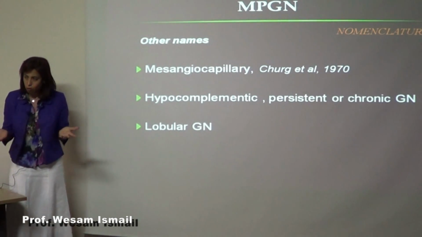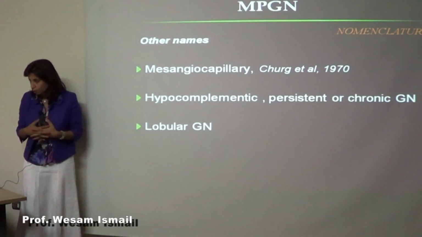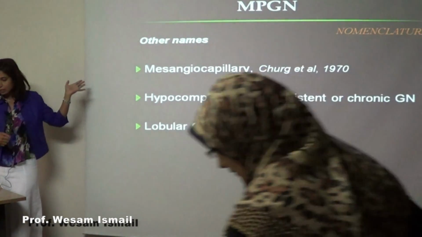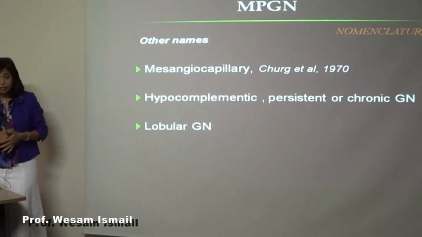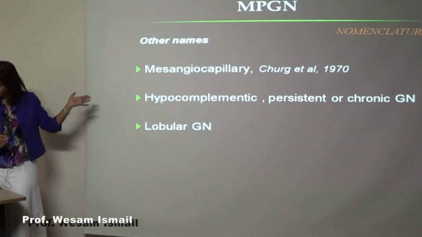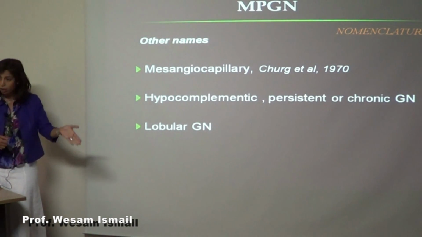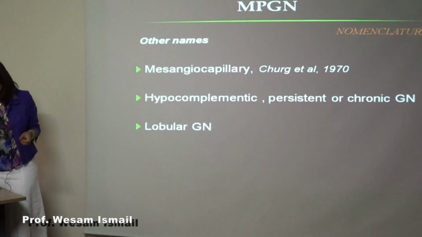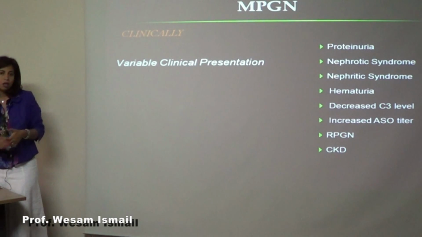Other names are more or less obsolete, we do not use them, but just so that you know them. Mesangiocapillary, a lot of people still use it, was introduced by Sirk in 1970. It used to be called hypocomplementemic, very justifiably. Persistent or chronic glomerulonephritis, and lobular glomerulonephritis may be the least used.